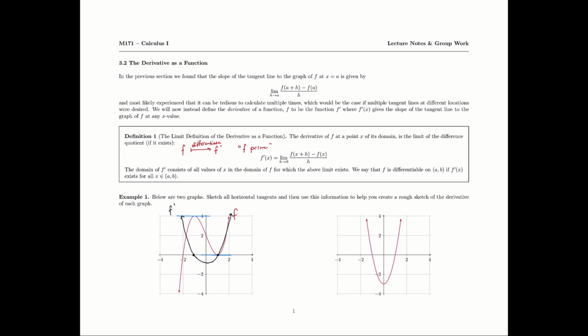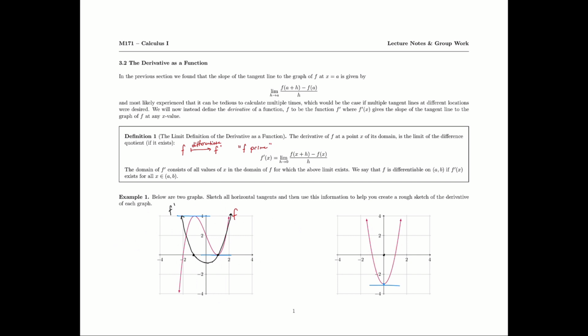Over here, again, let's mark the locations of all horizontal tangents. So right there is a horizontal tangent. So we know that the graph of the derivative has to intersect right there. And now if we watch what happens here, this graph is symmetric. So that means the slope of the tangent line here is equal and opposite to the slope of the tangent line here.